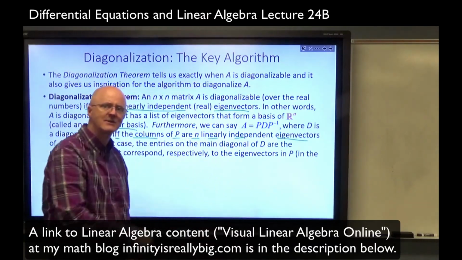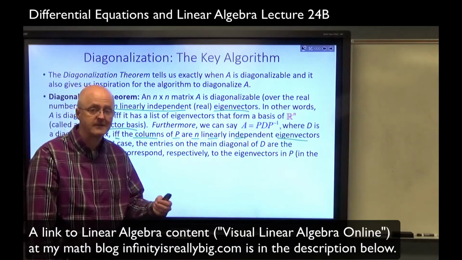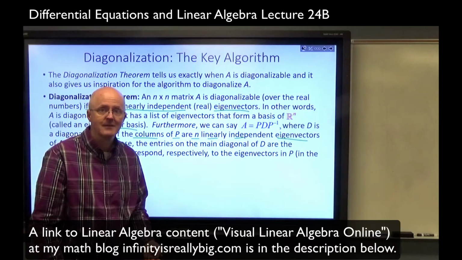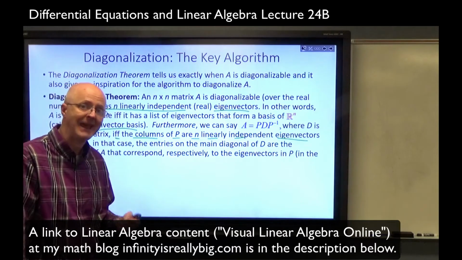You put the eigenvectors into the columns of P. And if there's n of them that are linearly independent, we know by the invertible matrix theorem that that will be an invertible matrix. P inverse will exist even if it's a pain to find it.